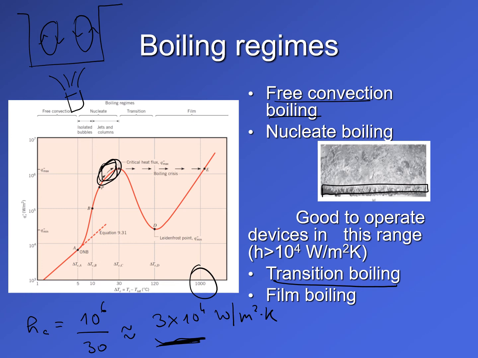Okay, so we do not want to exceed the critical heat flux value. And there's another point which I did not mention. This point D is called the Leidenfrost point. Okay. So this idea was given by Leidenfrost, that beyond point D, it's the radiation rate of heat transfer that starts dominating. Just as terminology.